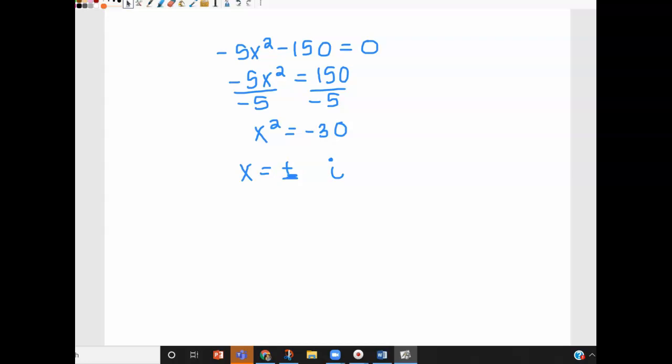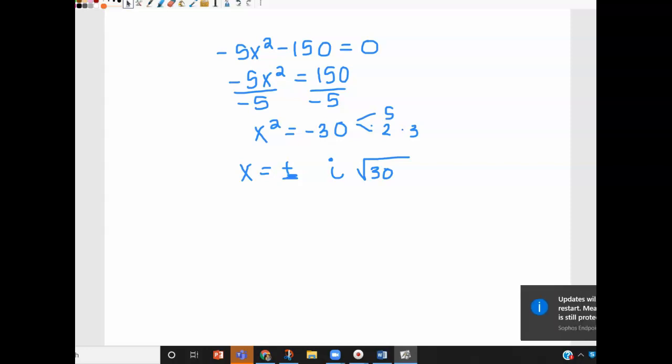So the prime factorizations of 30 are 5, 2, and 3. Since there are no like terms among them, this becomes x equals plus or minus i square root of 30. I know it seems like a big number to have under a square root, but there's just nothing we can do to simplify it.